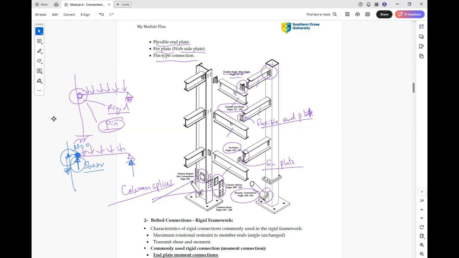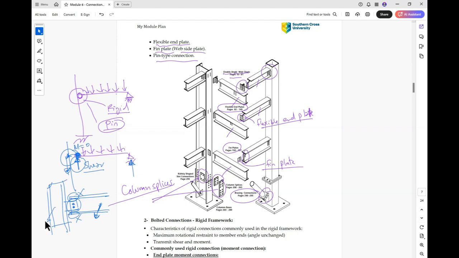So when you design, if this is the section of the beam and this is the section of the column, you just need to connect only the web. There is no need to connect the flange. Why is there no need to connect the flange? Because there is no moment to be transferred between this beam and this column.